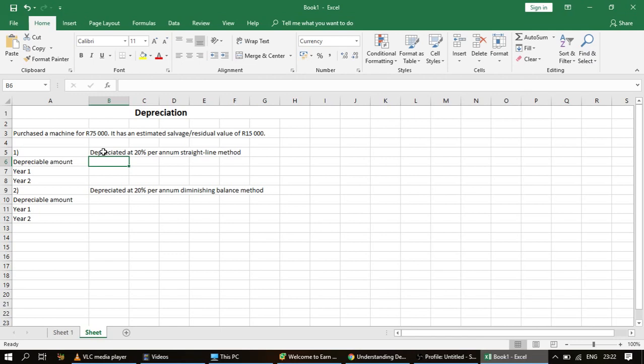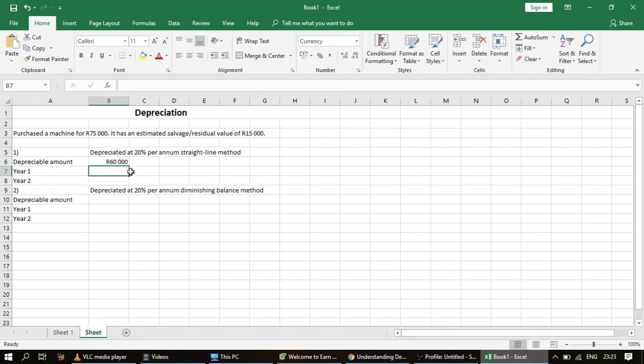The depreciable amount is the cost of the asset, in this case the cost of the machinery, which is 75,000 rand, minus the salvage or residual value of 15,000 rand. That is how we get to our depreciable amount. So we take the 75,000 rand minus the 15,000 rand salvage value. We get 60,000 rand. So that is the depreciable amount. That is what we'll use to calculate depreciation.